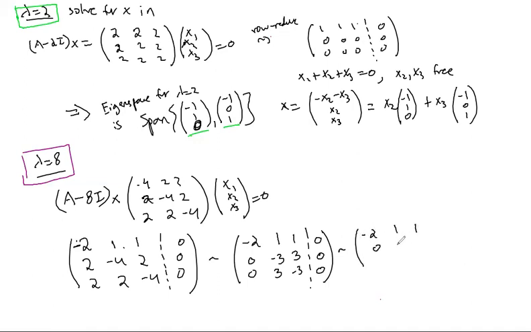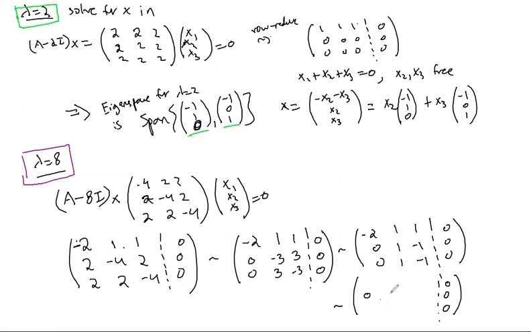Okay, and I can divide these by 3. Or even -3, why not? Okay, and I can use my second row here to zero out the third row and the first row.